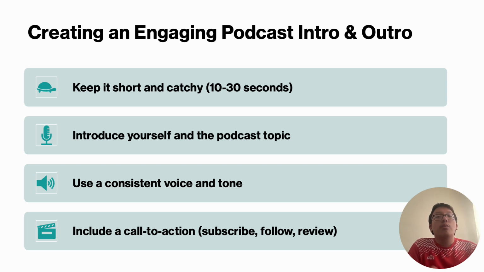What should you say in your intro? Well, number one is introduce yourself and the podcast topic, and use a consistent voice. If you want to have a consistent voice, then use that in the intro, but don't use it in the podcast, because then your esophagus or throat will hurt.